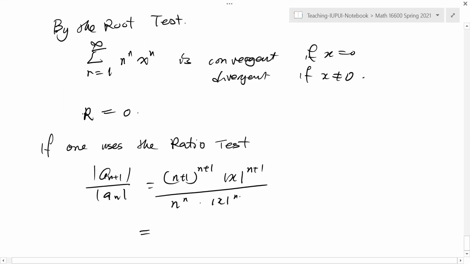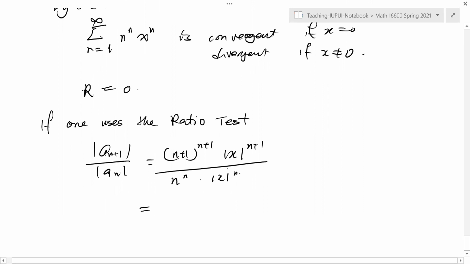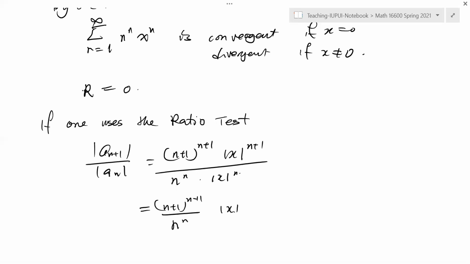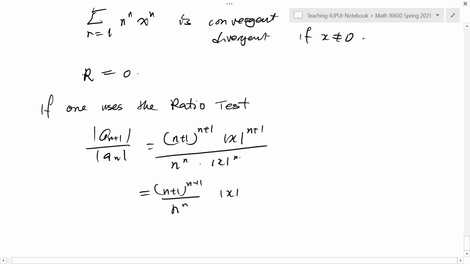So the problem is, how do you get the limit of this? You cannot just say, oh, this is infinity. You have to tell me why it's infinity. Not everybody can prove that the limit is infinity.